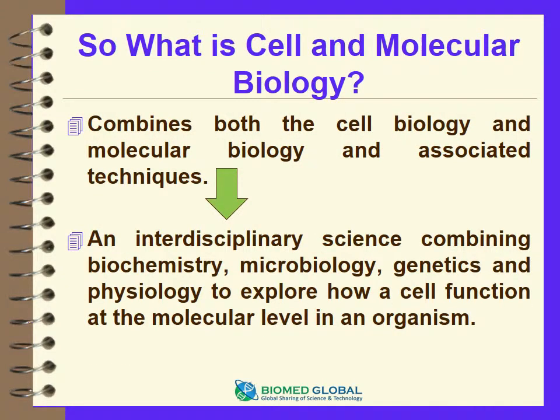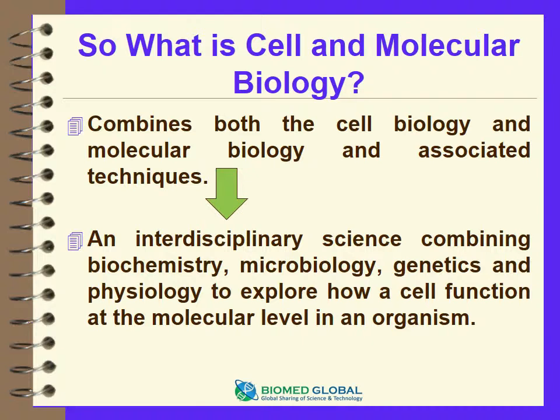We combine both these disciplines. In most schools, cell and molecular biology is taught together. What does that mean? If you combine both these disciplines, it becomes a very comprehensive science, or a comprehensive class.